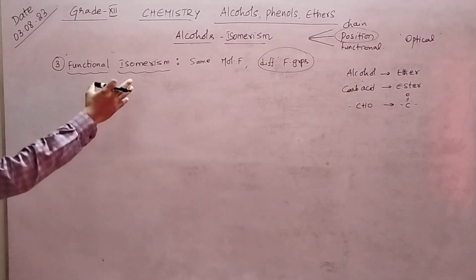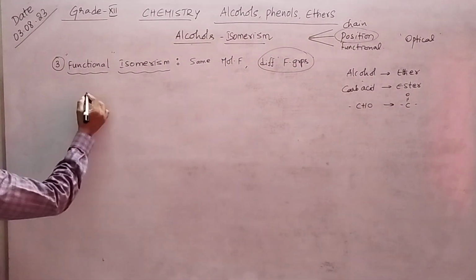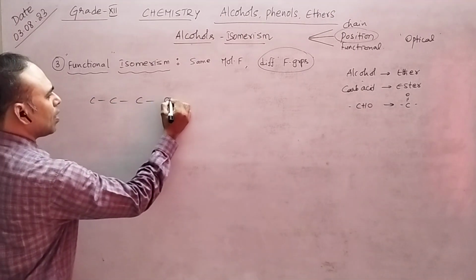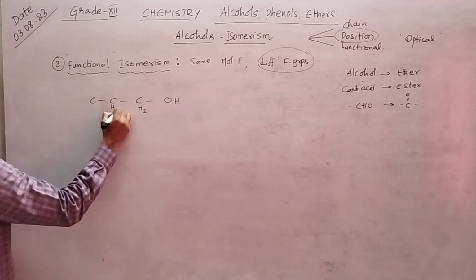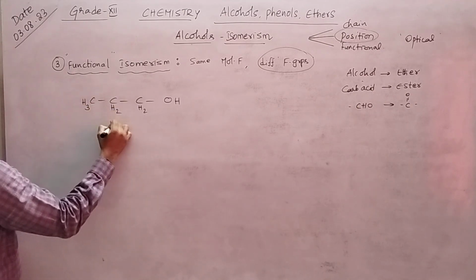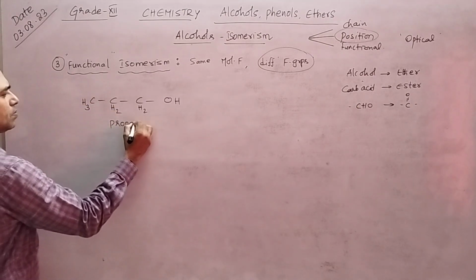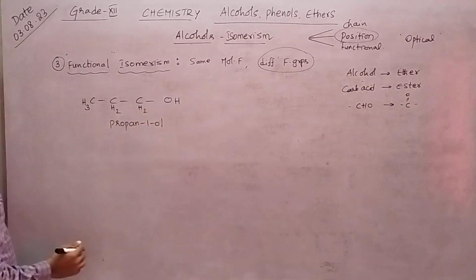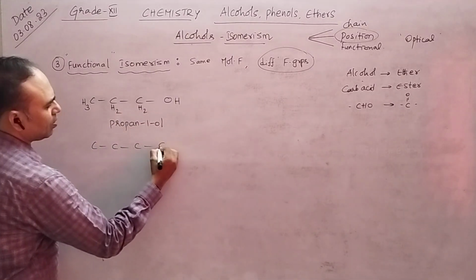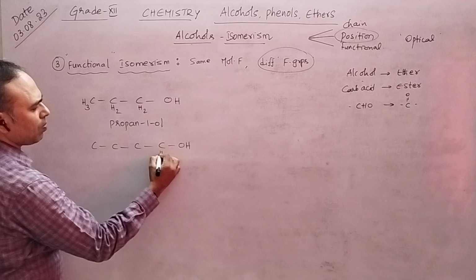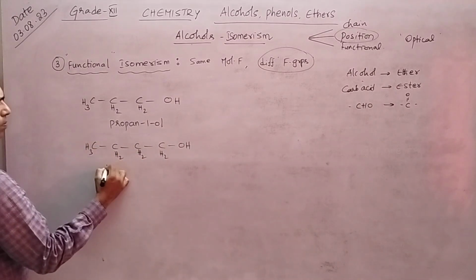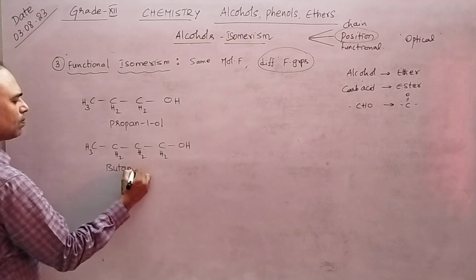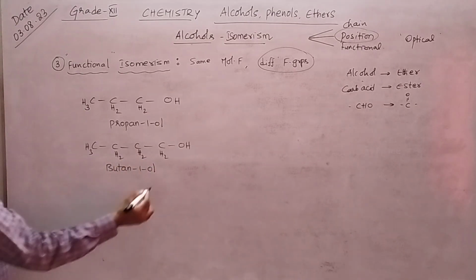Now because we are studying about alcohols, let us take the example. Here we have 3 carbons, propane-1-ol. We can also take 4 carbons, butane-1-ol. Now we have alcohol here.